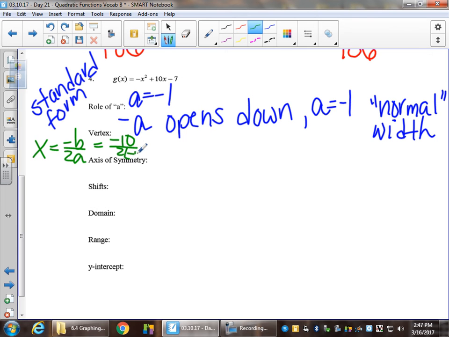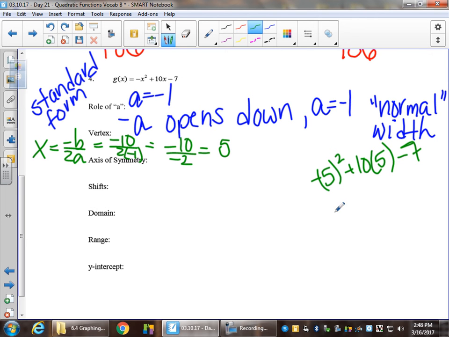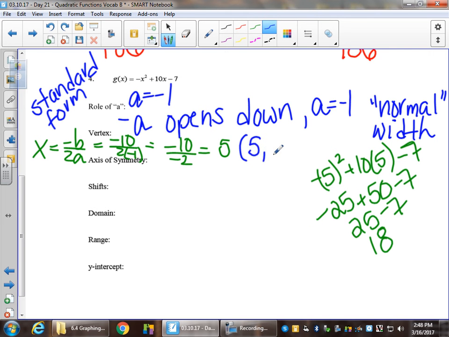Negative 10 over 2 times negative 1 gives us negative 10 divided by negative 2, 5. Now we take this 5, we plug it back into our equation, because we have to find the y value of the vertex. 5 squared is 25 times a negative 1 will give us negative 25 plus 50 minus 7. Negative 25 plus 50 gives us a positive 25. 25 minus 7 is 18. Our vertex is 5, 18.